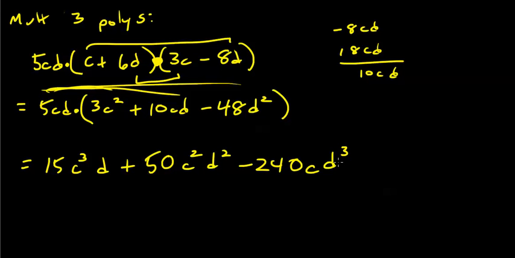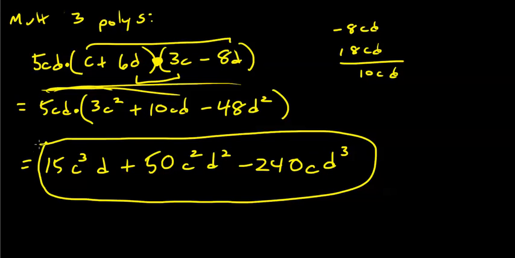Applying my rules for exponents as needed. So your final response: 15c cubed d plus 50c squared d squared minus 240cd cubed. So multiplying those 3 polynomials, I get a trinomial of degree 4. This is a degree 4 trinomial.